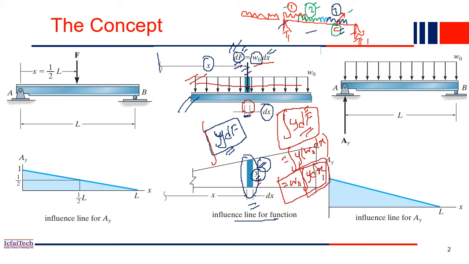Integration of y into dx is nothing but the area under the influence line diagram. So the influence of the UDL is the area under the influence line diagram multiplied by the unit force w naught, and you will get the final value, right?